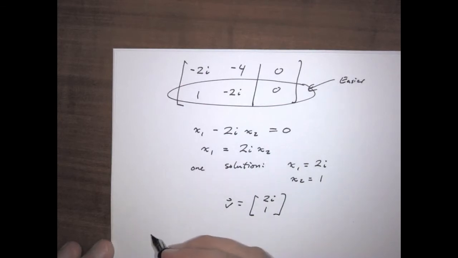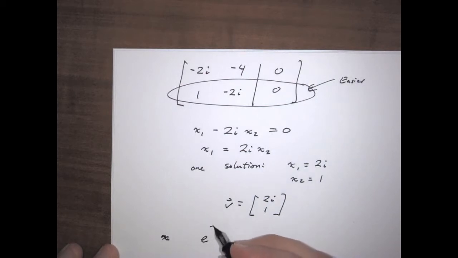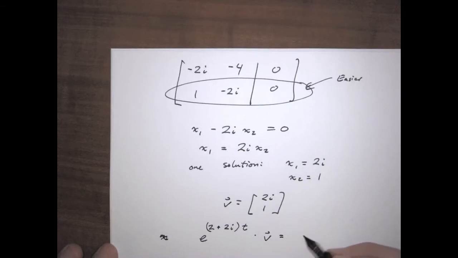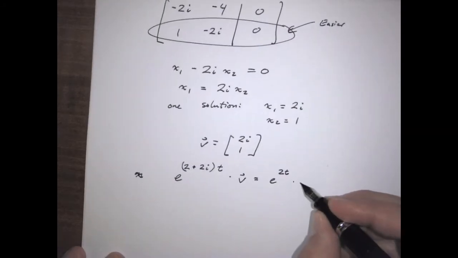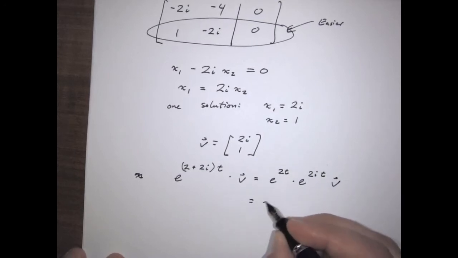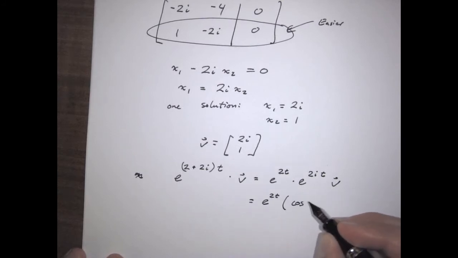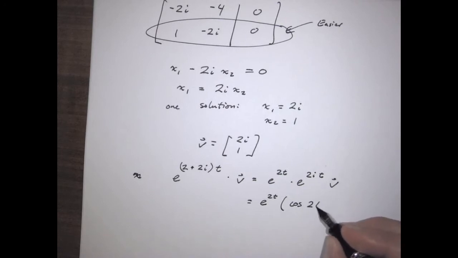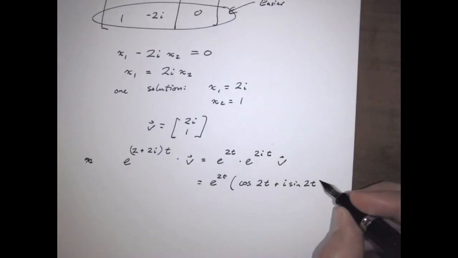Now, what that means is if we take e to the 2 plus 2i times t times v, then that's going to be the same as e to the 2t times e to the 2i t times v, which is going to be e to the 2t times cosine 2t plus i sine 2t by Euler's formula.